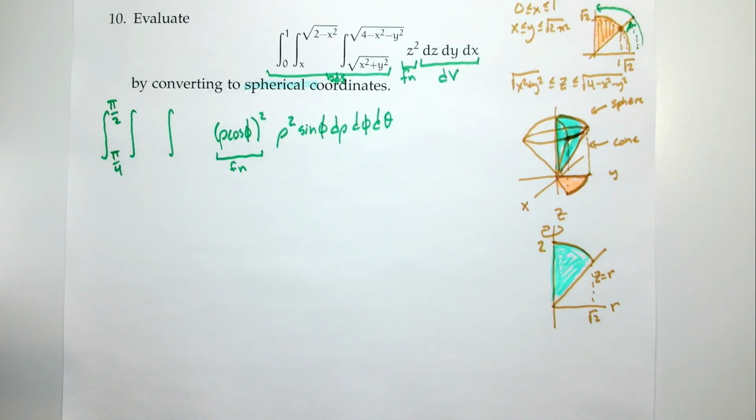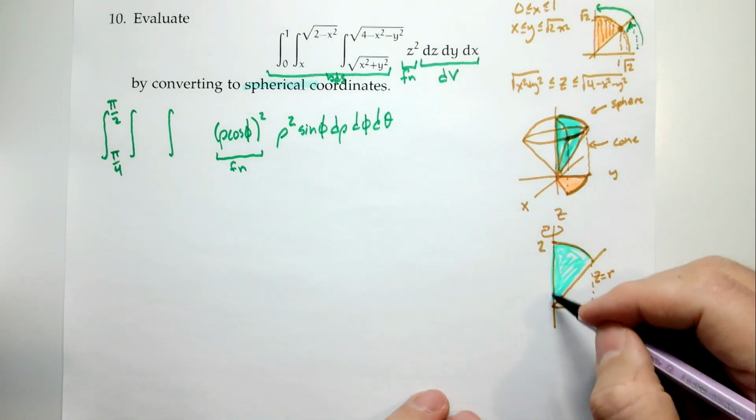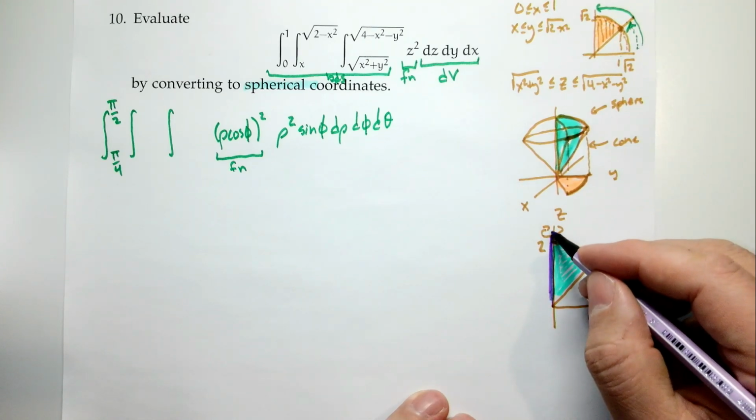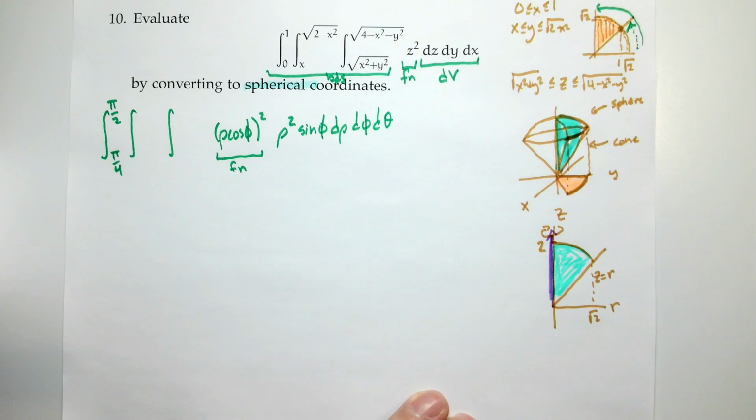Now, phi. Where does phi go? For phi, take a look at the picture, in the RZ plane. Phi says, look at the positive z-axis. How far off do you come?